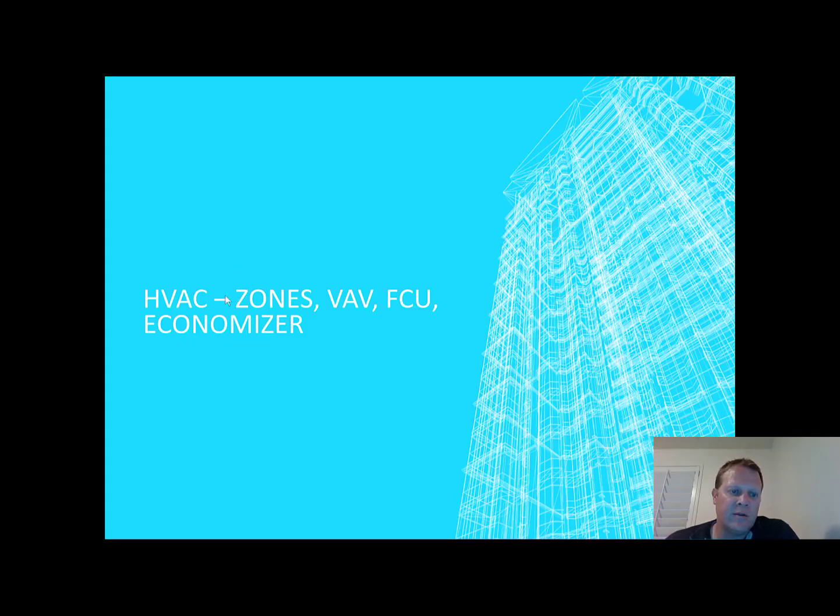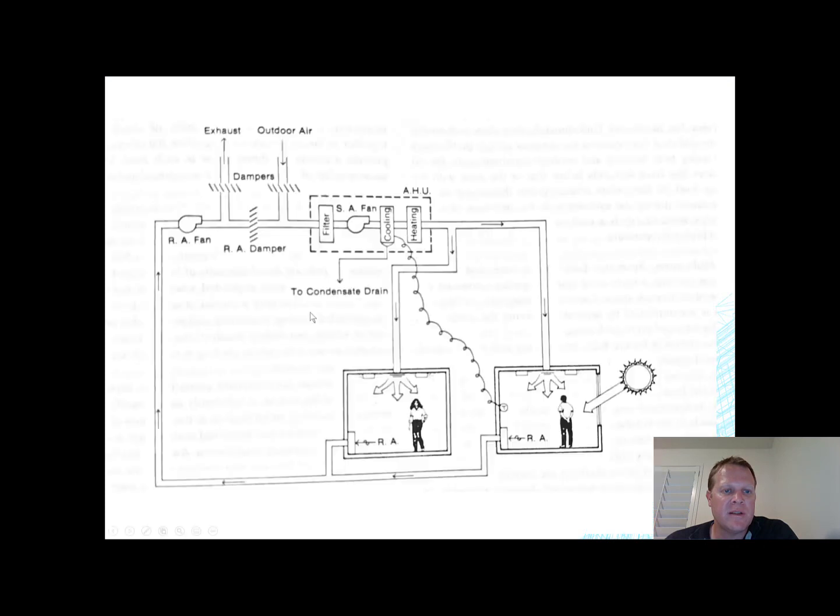Then we got into HVAC zones and VAVs and FCUs and economizers, just some larger pieces of equipment, right? We talked about zoning and how this one air handler unit has heating and cooling, but there's only one thermostat. This side, this room, is going to require more cooling, because this has got sun coming right through the window.